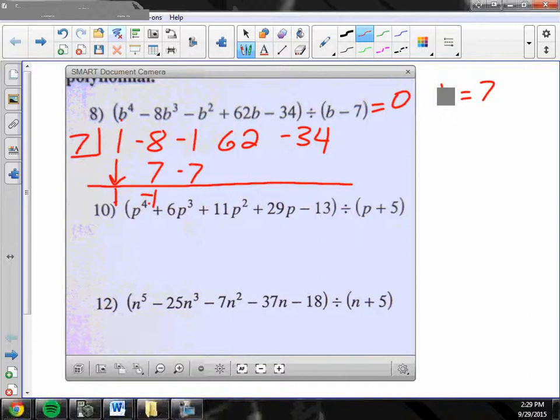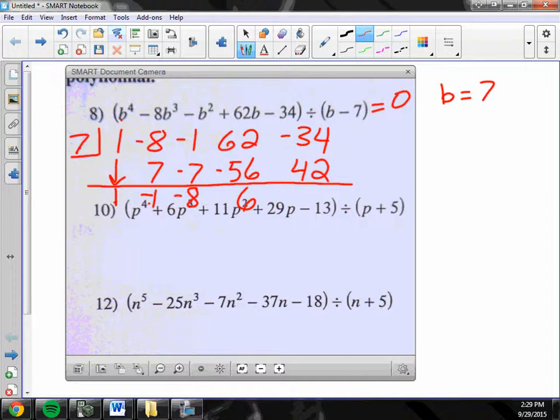Now we add, what is -1 minus 7? -8. 7 times -8 is -56. So 62 minus 56 is positive 6. And then 7 times 6 is 42. And then -34 plus 42 is 8. And this last box is the remainder.